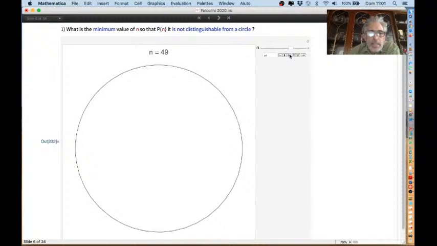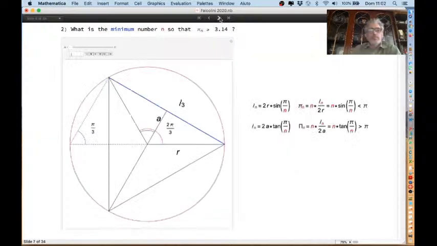So probably you might stop around 50 or go also up to 60. All right, so as you see, between 50 and 60, for sure, the polygon looks very much like a circle. So we answered the first question.